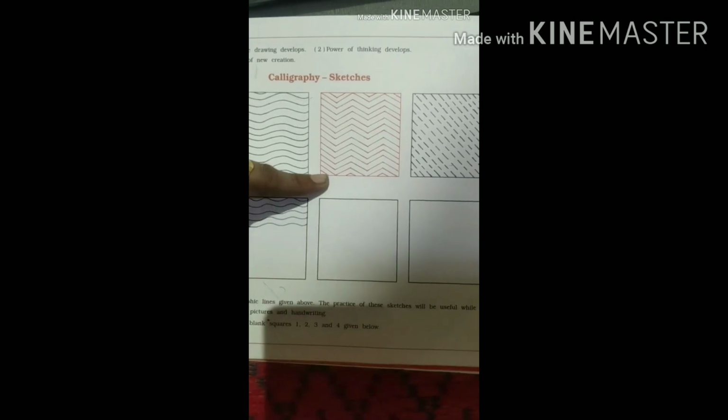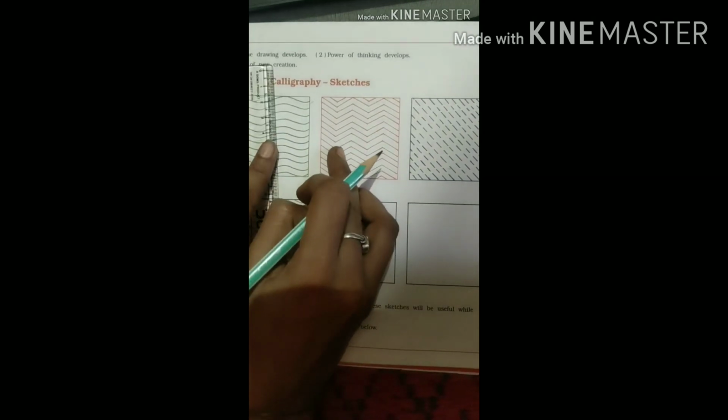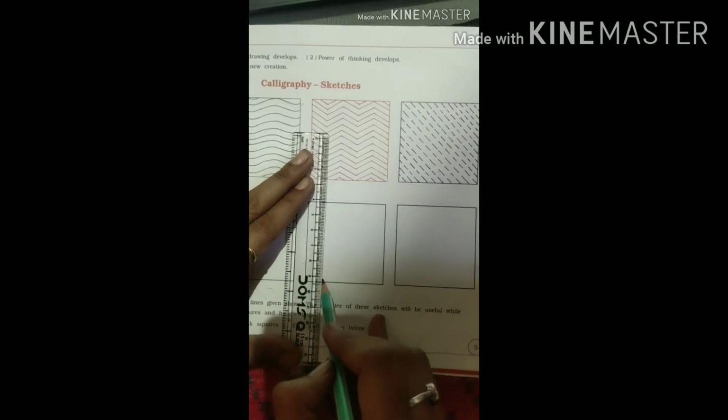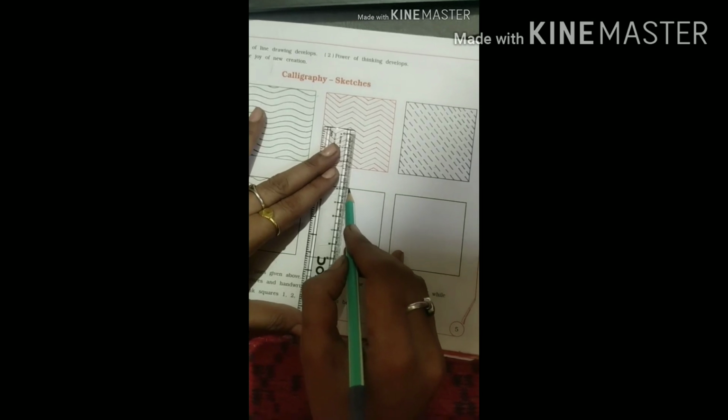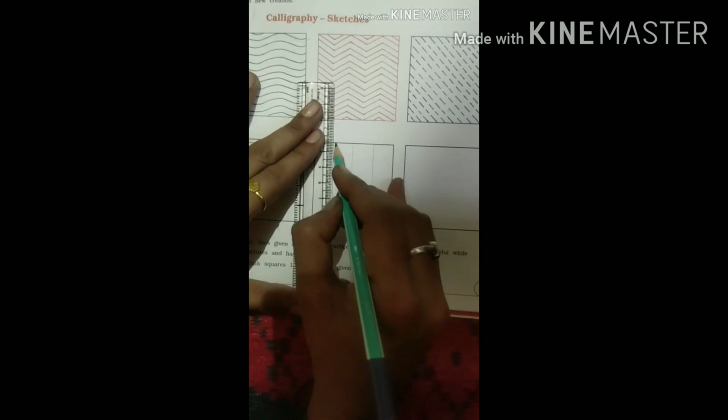Now look at the third box. Here lines are given like zigzag. So these lines are called zigzag lines. Here for the same measurement you can draw standing lines very lightly so that you can take proper distance.